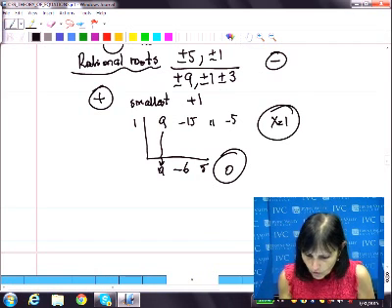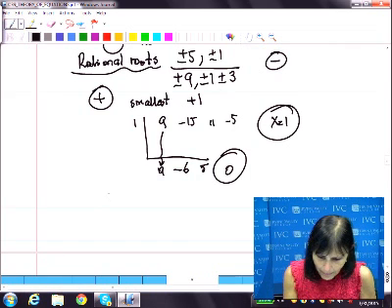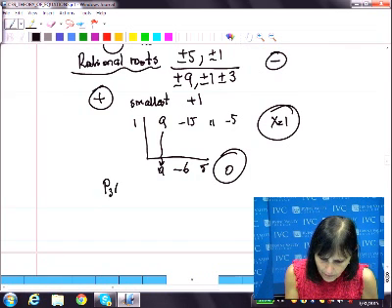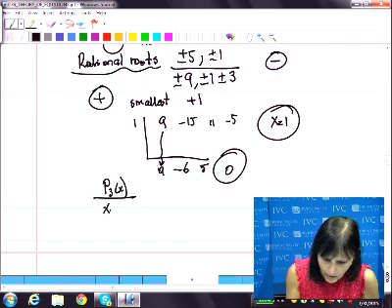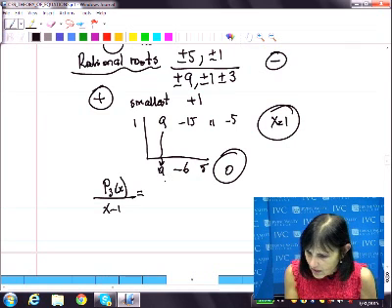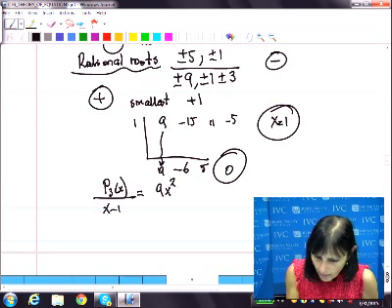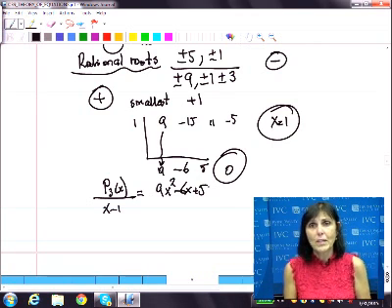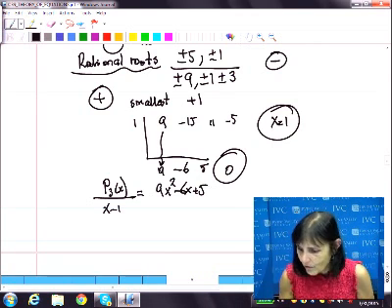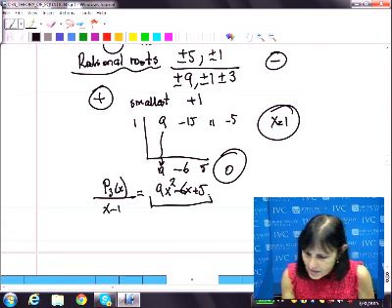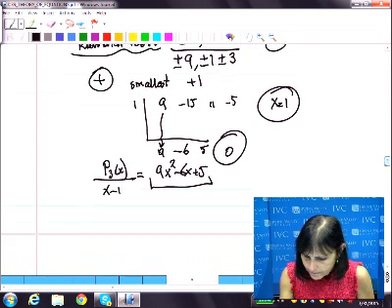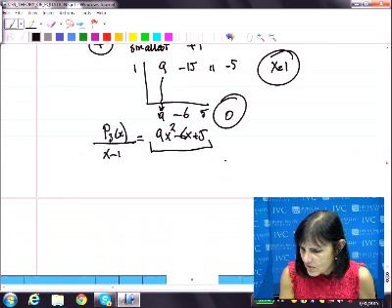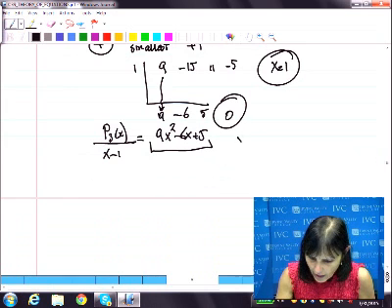Now what can you do? What that means is that I took my P of x divided by x minus 1, and I got this, 9x squared minus 6x plus 5. What does that mean? This is a quadratic. I can solve that. Let's do it.